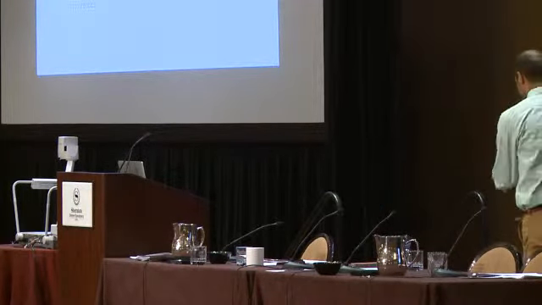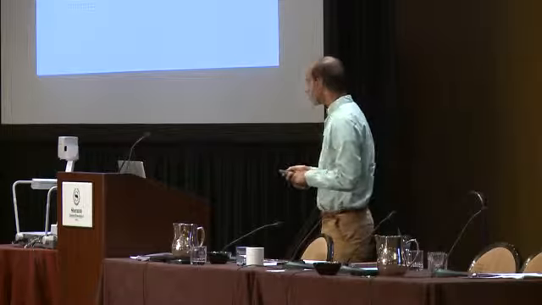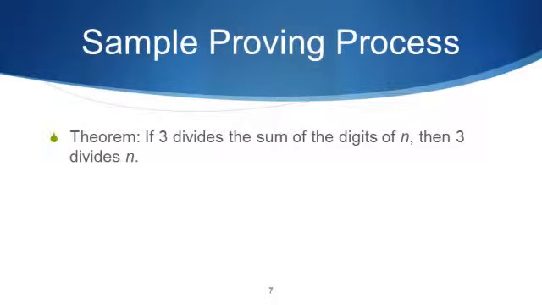We have a transcription from student Tang's work on theorem 29, which states if 3 divides the sum of digits of n, then 3 divides n. In the handout, you have 3 attempts. The student started this proof on the evening of 2/19, February 19th.